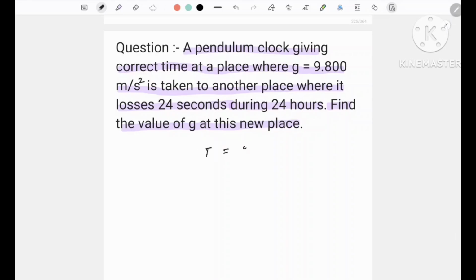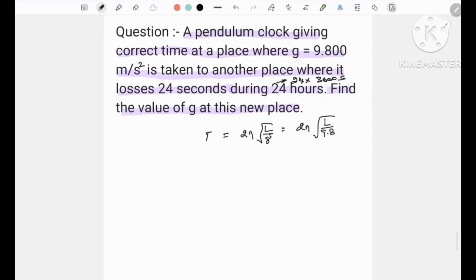Time period T for the standard clock is 2π root of L by g, or 2π root of L by 9.8. In 24 hours, the seconds will be 24 into 3600 seconds.